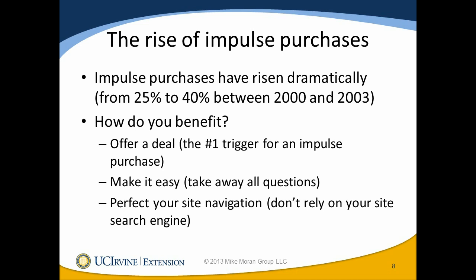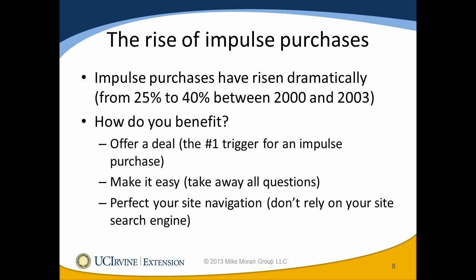And so what we saw in the early days of web retailing was a dramatic rise in impulse purchases. From the studies that were done, it went from 25% to 40% in the first 3 years of the last decade. Now, I haven't seen any studies since then, but you can imagine that it's probably increased even more as online purchases have become more ubiquitous and even easier.